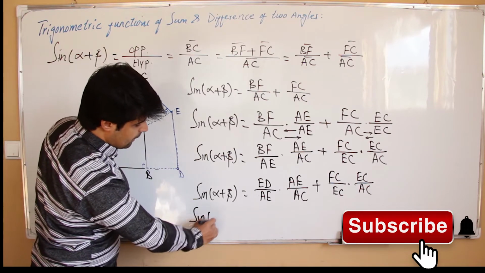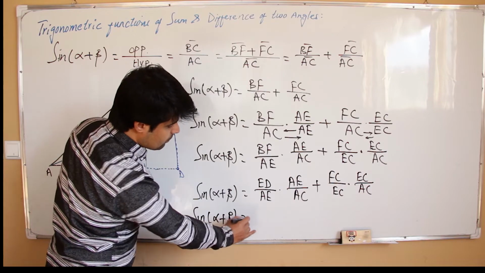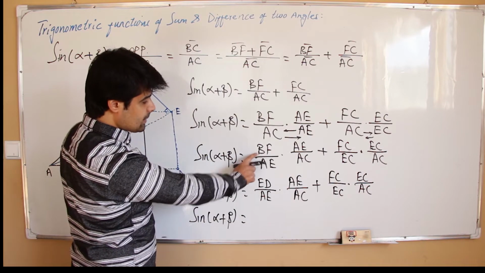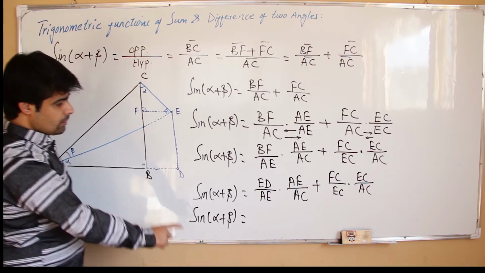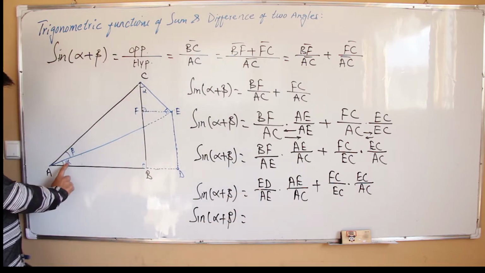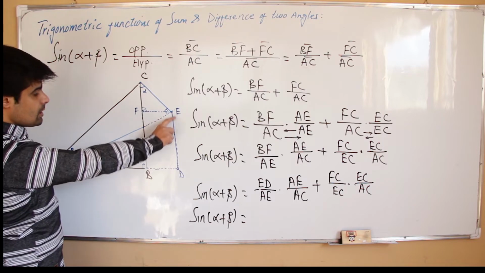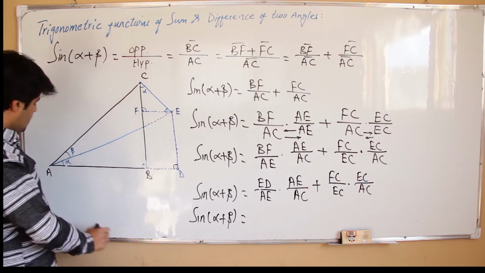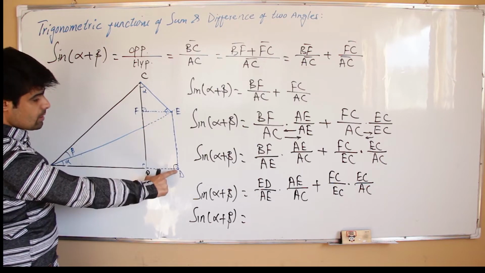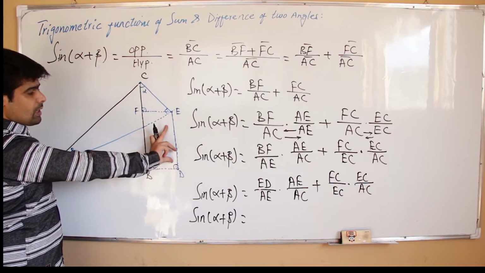Sine of alpha plus beta. Now look, please. Instead of BF, I wrote ED. Now, ED in the AED triangle, which is a right angle triangle. In AED, what is ED? ED is our opposite side.